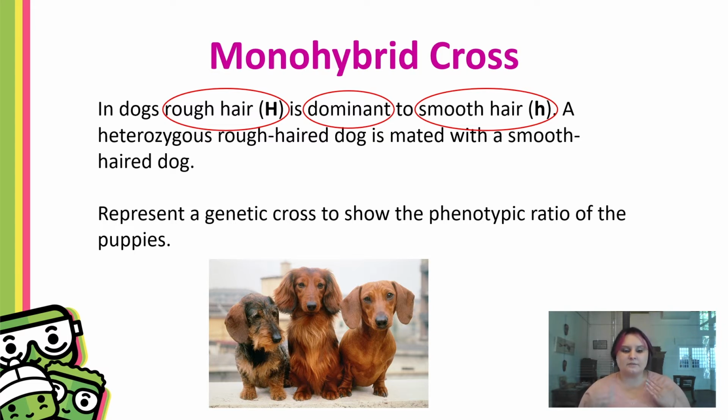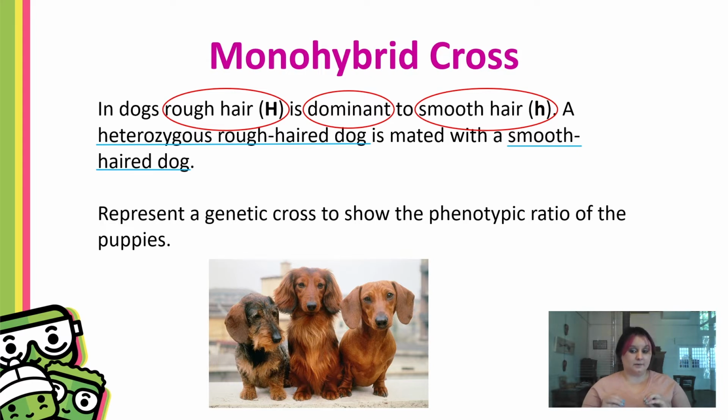Right, then what have they told us about the parents? They told us a heterozygous rough-haired dog. Heterozygous meaning, hetero meaning 2 different alleles, is mated with a smooth-haired dog.